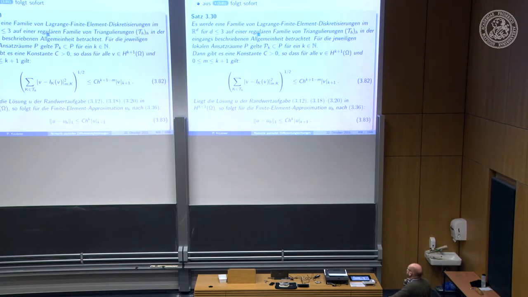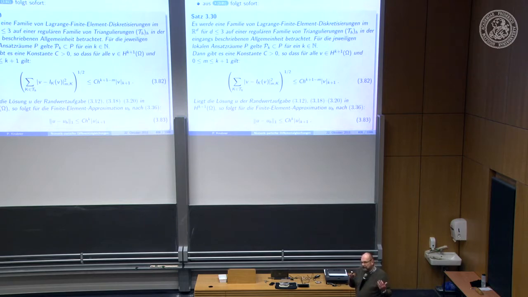We have the same ansatz space on all the elements, in the sense that we assume a family of triangulations, and on this family we always have affine equivalent elements.